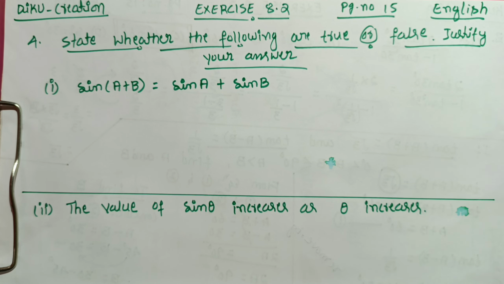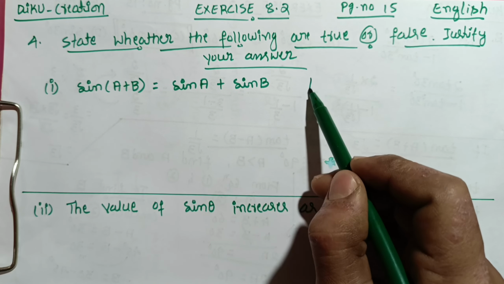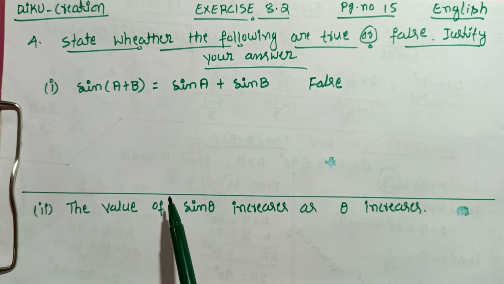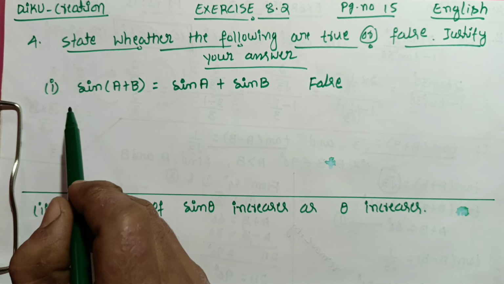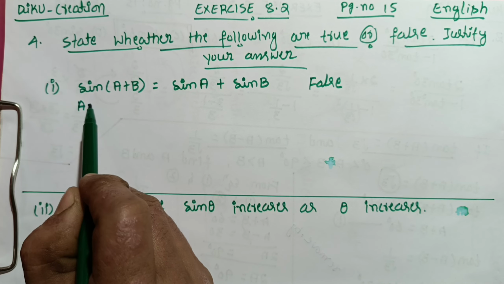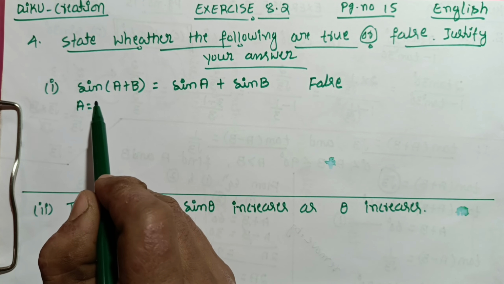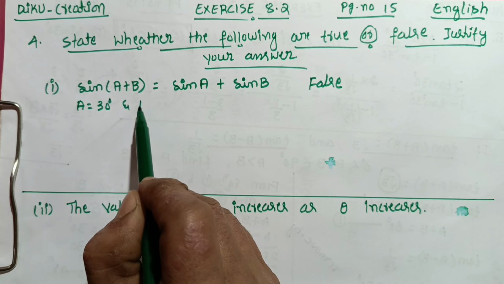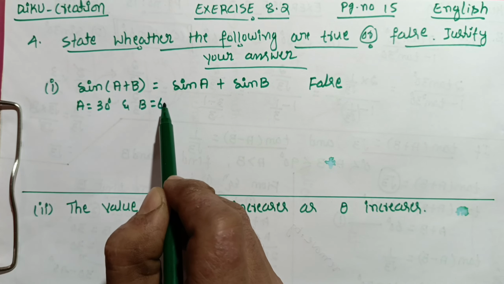I will say this statement is false. So let me justify it. Here I will take a as 30 degree and b as 60 degree.